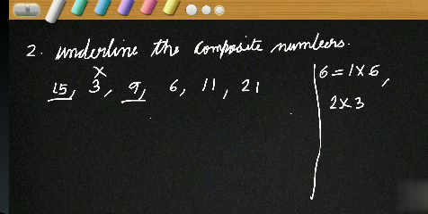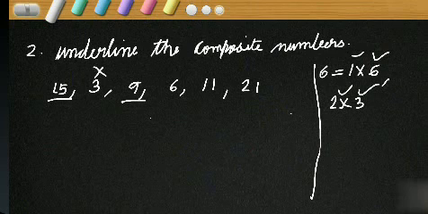No. So 6 has 4 factors, more than 2 factors. Is 6 a prime number or a composite number? Since it has more than 2 factors, it is a composite number. So do we need to underline? Yes.